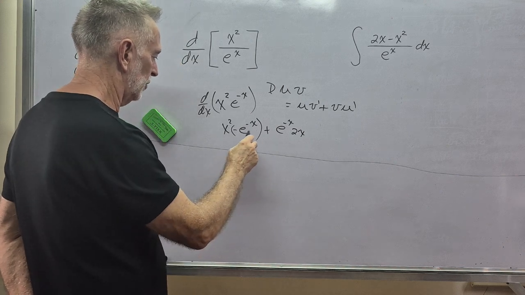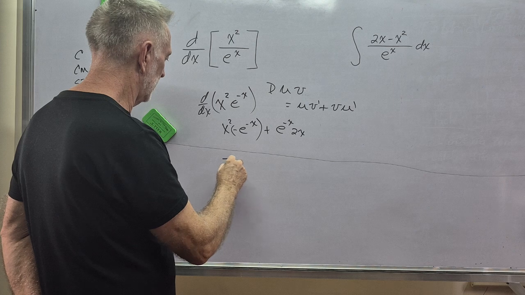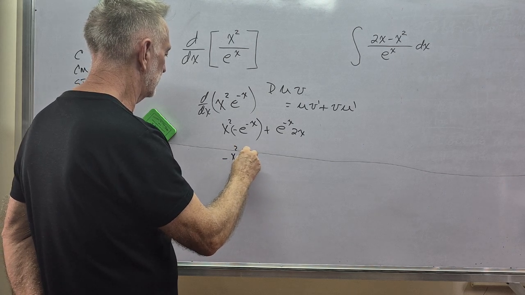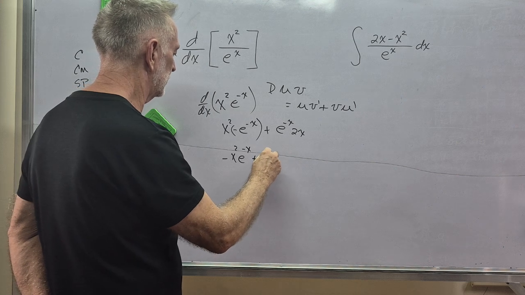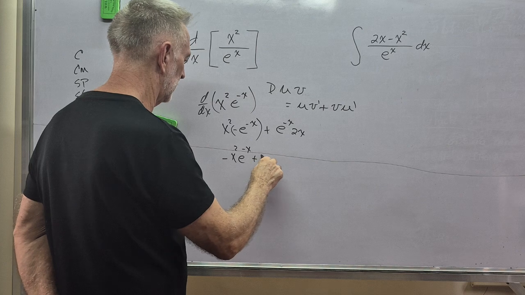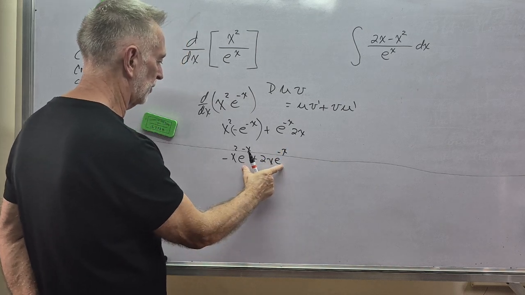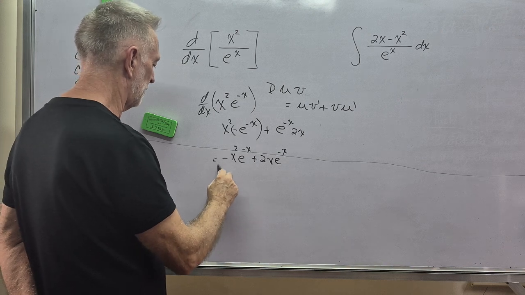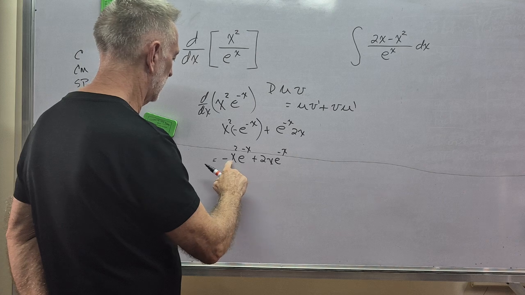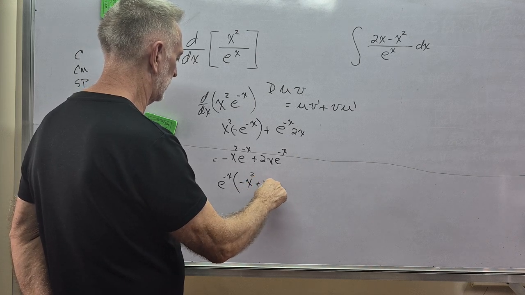All right, so what do we have here? We've got minus x squared e to the minus x plus 2x e to the minus x. Okay, let me factor e to the minus x out. Now it gives me minus x squared plus 2x.